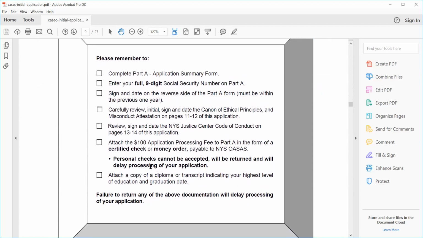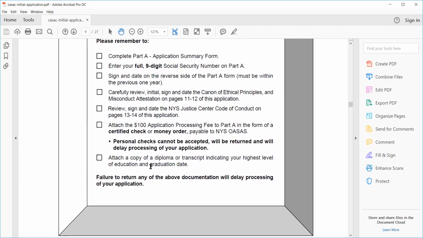In order to get this started, you need to complete the application summary form, your social, basic information that they're talking about here, their $100 they want, and a copy of that diploma or transcript indicating your highest level of education and graduation date. I don't know how long it will take for you to get your diploma. I had said you're going to get your 350-hour certificate within a month of your graduation date.